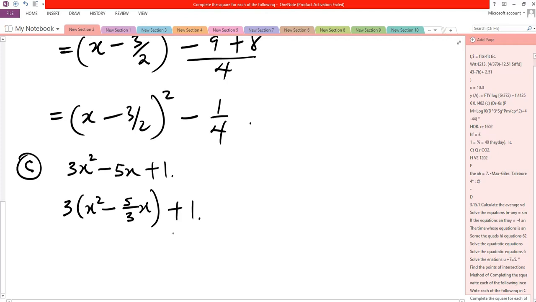Now we're not going to touch the 1. We're not going to express the whole of it in this form. So what we're going to do now is change the bracket into a complete square.